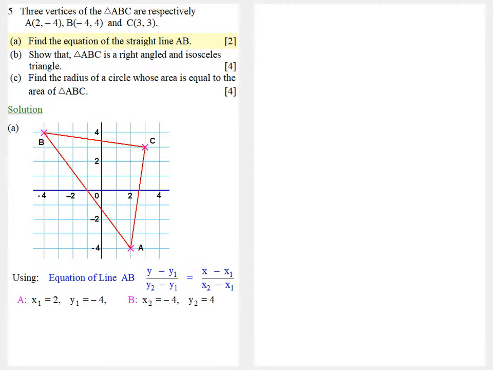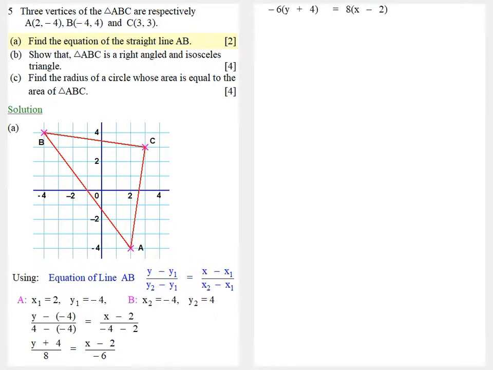So this becomes (y minus minus 4) over (4 minus minus 4) equals (x minus 2) over (minus 4 minus 2). Well, this simplifies to (y plus 4) over 8 equals (x minus 2) over minus 6.